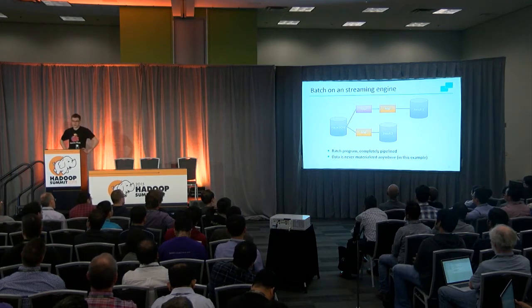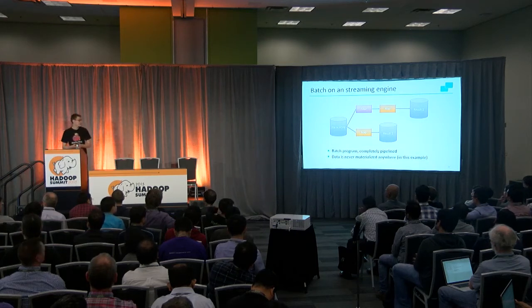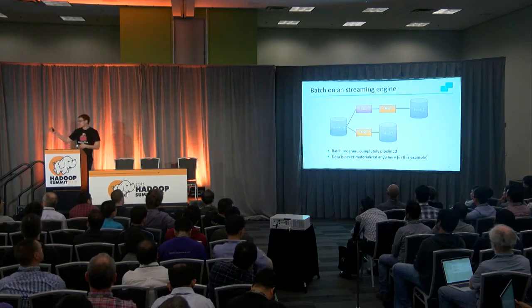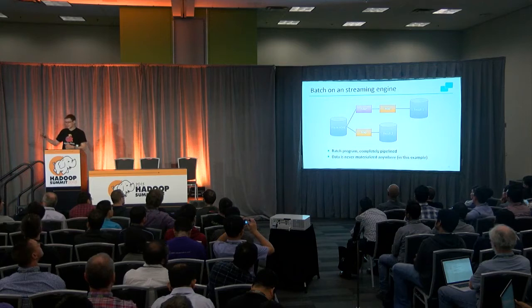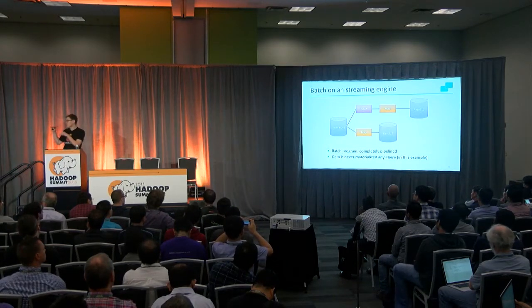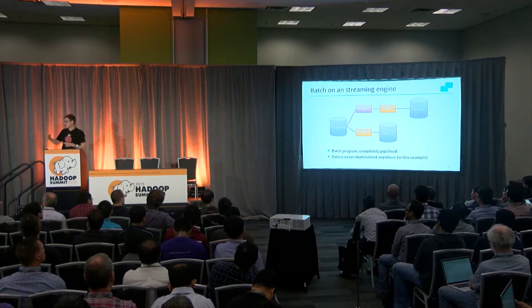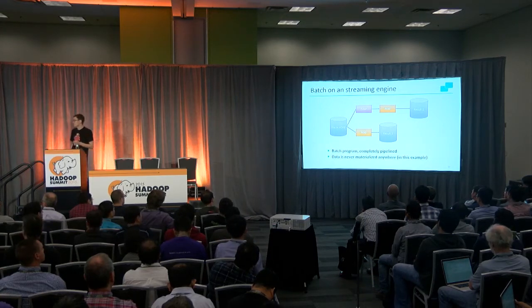So as an example, imagine you have a batch job that reads a file from HDFS and then sends it to 2 operators. So the first one is a filter and the other one is a map. And so we have 2 outputs of that job. And the thing is, executing this on Flink will cause the system to never materialize to disk or to memory.